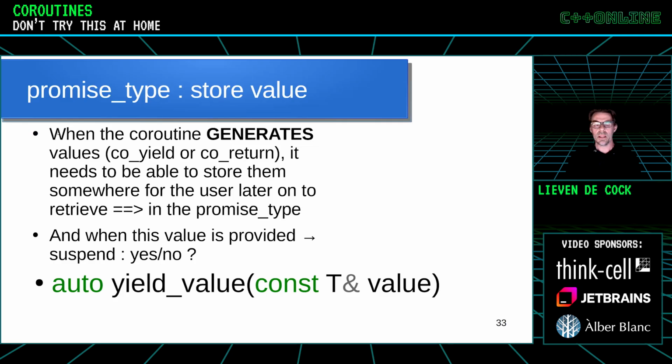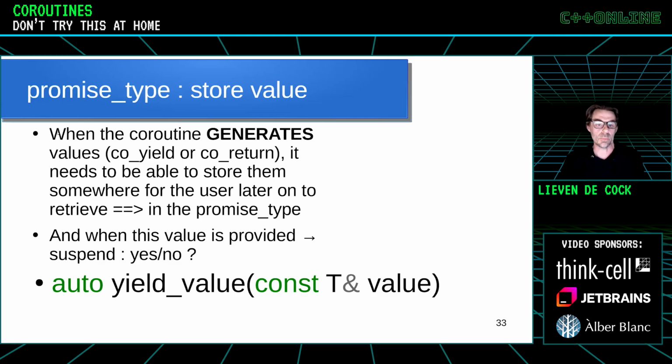Okay. Now, midways, we saw our coroutine is generating a value. It's coming up with a song. So for that purpose, the compiler needs to be able to store that value. It's going to store it in the promise type. So we have been using the promise type to configure it with a few methods by now. There was no state yet.